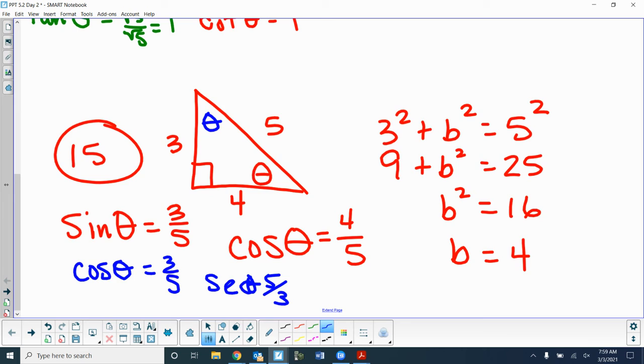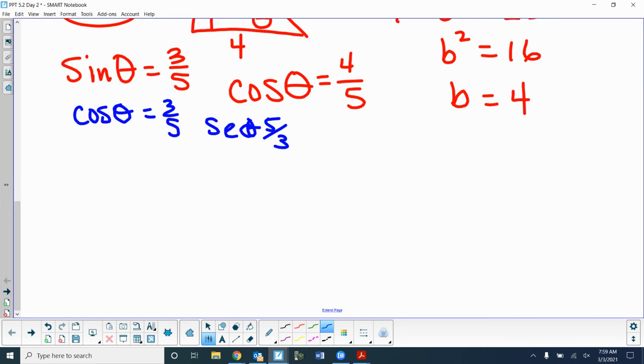24 is like that as well. They give you the cosine is 2/3. All right, so, however you make your right triangle, cosine is 2/3, adjacent over hypotenuse.